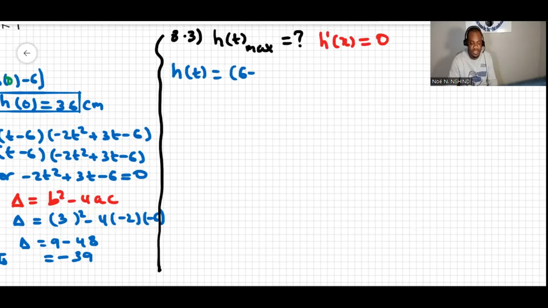6 minus t, and then negative 2t squared plus 3t minus 6.